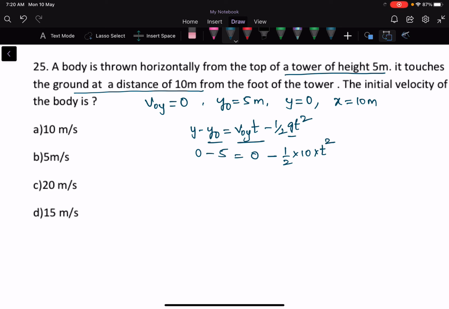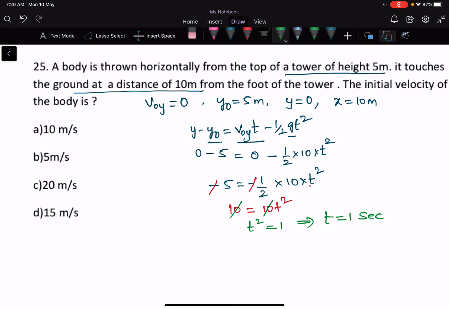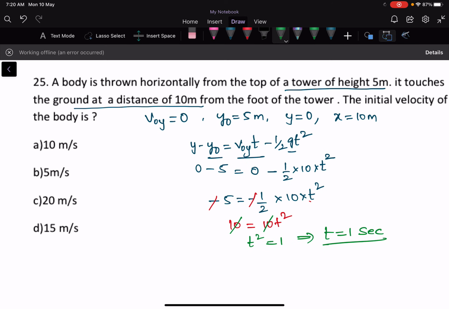So minus 5 equal to minus half into 10 into t square. Here minus and minus get cancelled. So 5 into 2 is 10. 10 is equal to 10 t square. This 10 and 10 get cancelled. You will get t square is equal to 1. That means t is equal to 1 second. We got the t value here.